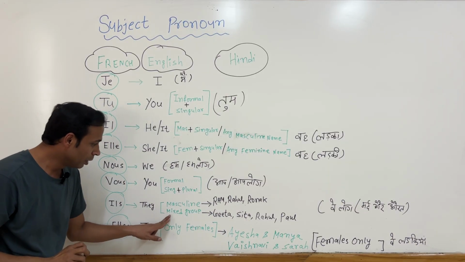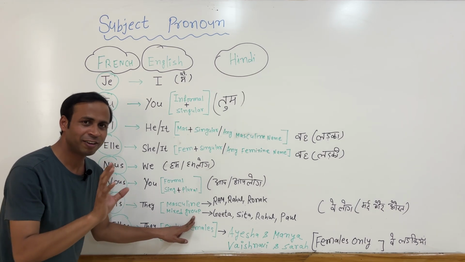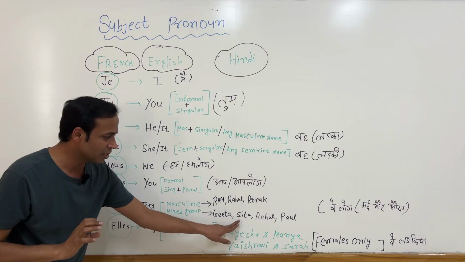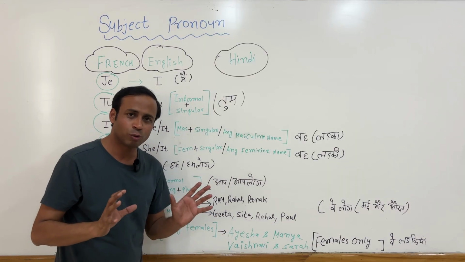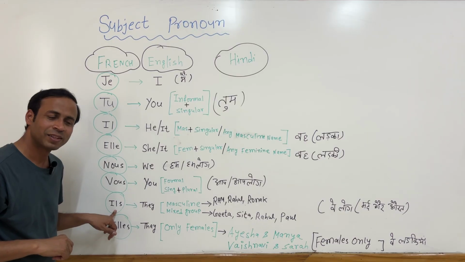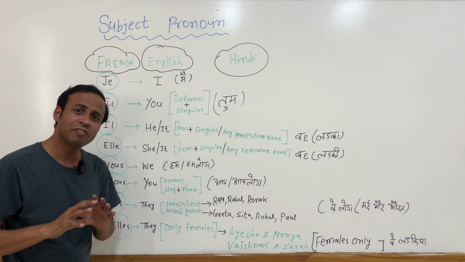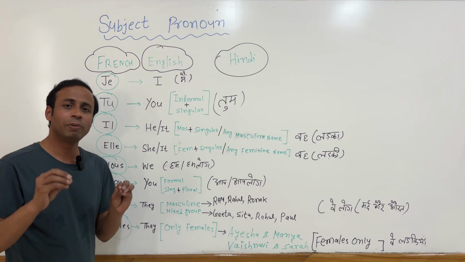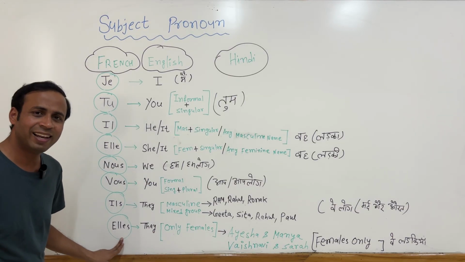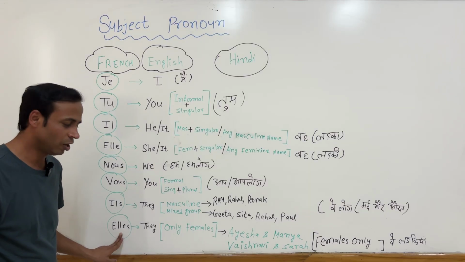Next is a mixed group. Mixed group means in a group male and female both are there. Example, Geeta, Sita, Rahul, Paul. In a group male and female both are there, then again you have to use ils. Now if there is a group and in that group only females are there, then blindly you have to use elles, E-double-L-E-S, that is elles, all right.